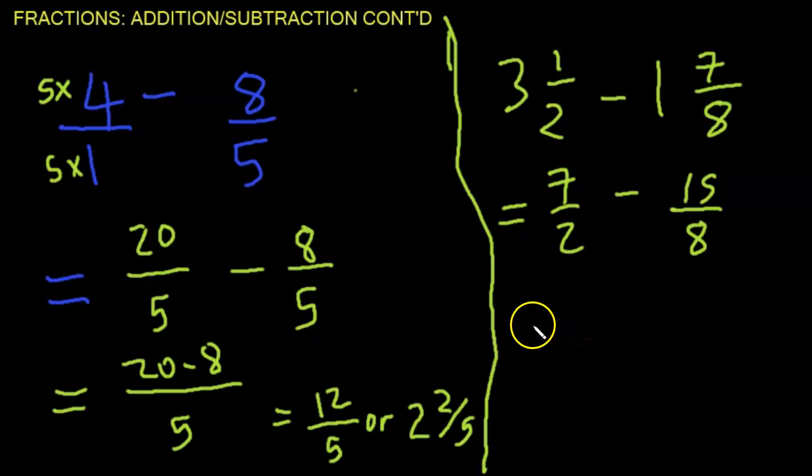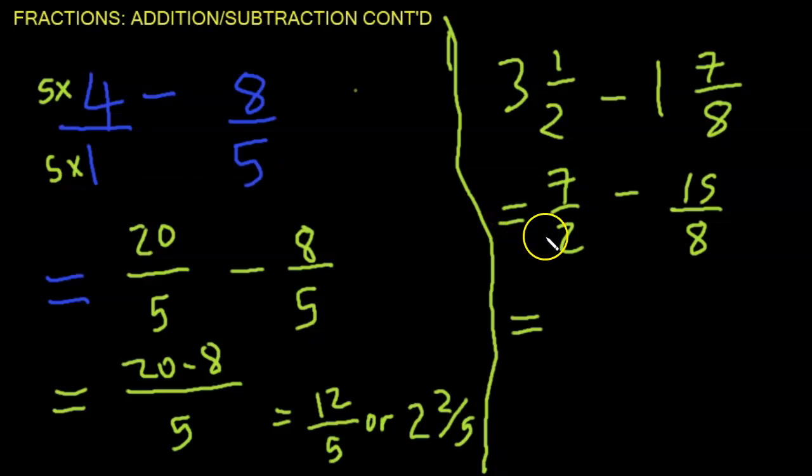So again, we cannot subtract the numerators. Why? The denominators are different. So we need to make both denominators the same. And we consider the LCM for 8 and 2, which is 8.